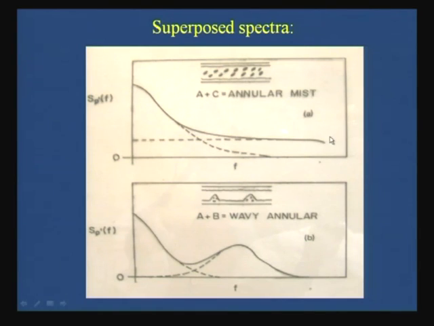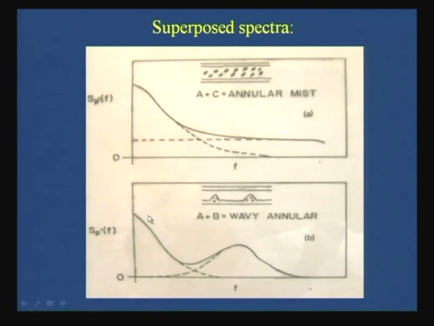Why? Because we almost never get pure annular flow. Okay, there are droplets, isn't it, in the gas core. So, it combines the characteristics of the annular flow pattern as well as the dispersed flow pattern, which is the actual physical appearance of the annular flow pattern in industries.